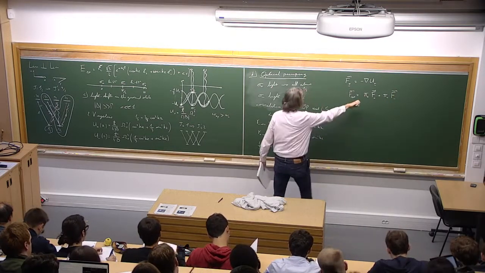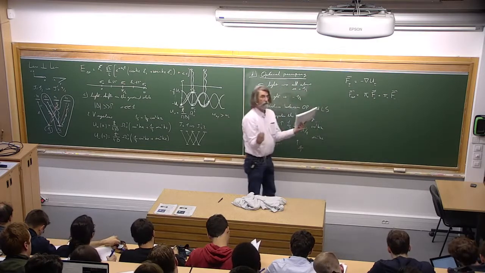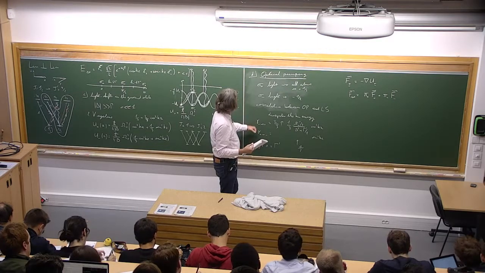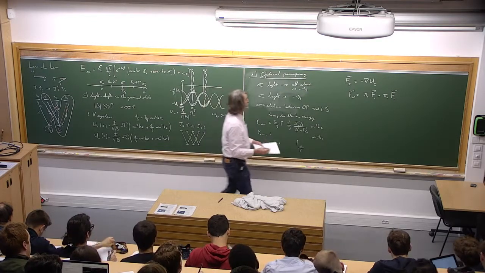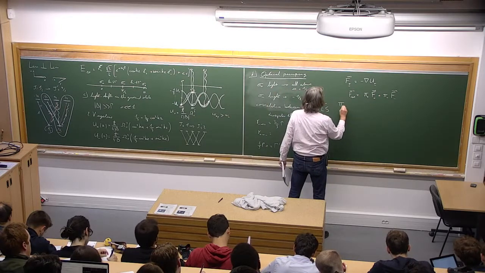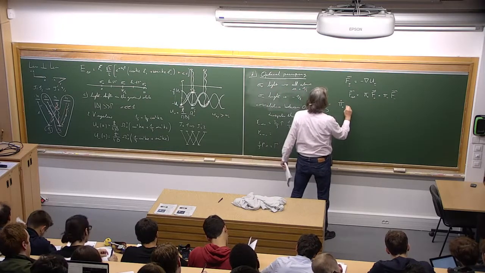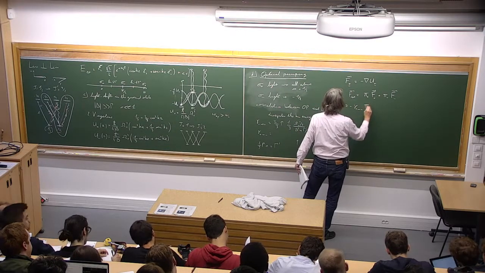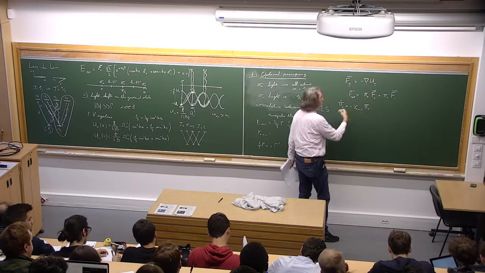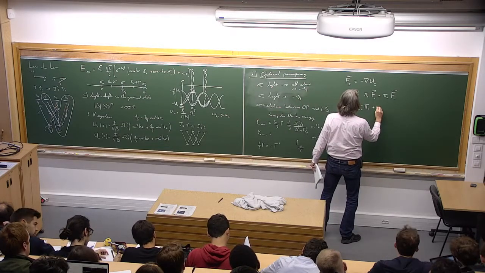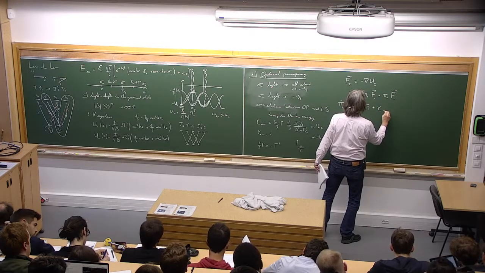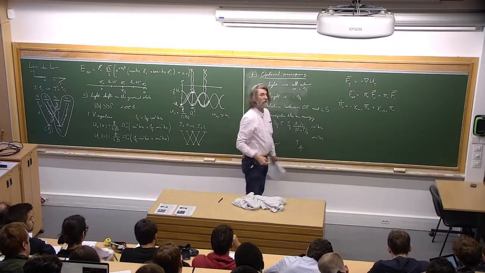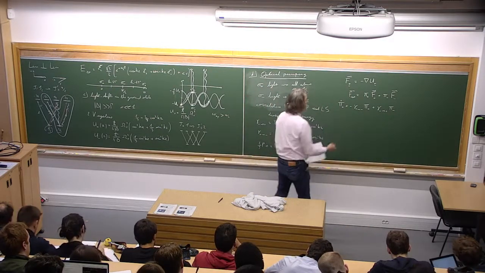And these are just the populations in the two ground sublevels, and they are coupled with the usual equation, where you say that the population in the plus level, for instance, decays with the probability to go from the plus to the minus level, so you lose some population, but obviously you gain the population that comes from the other level. So these are simple rate equations, and you can solve them.